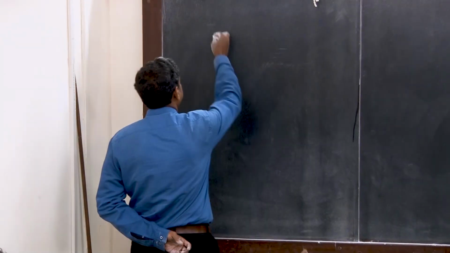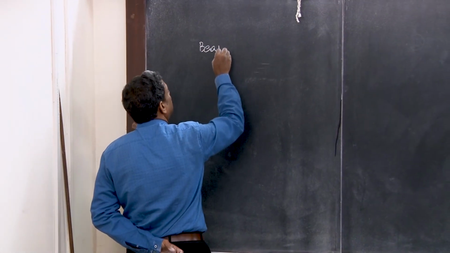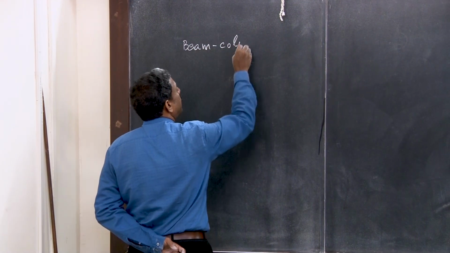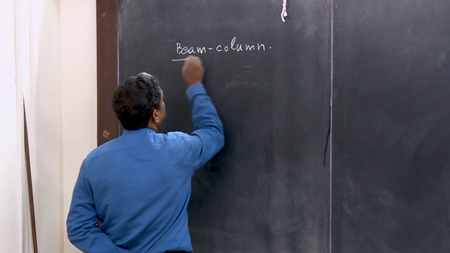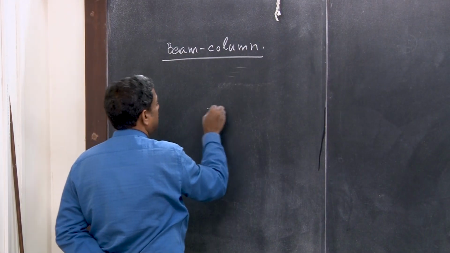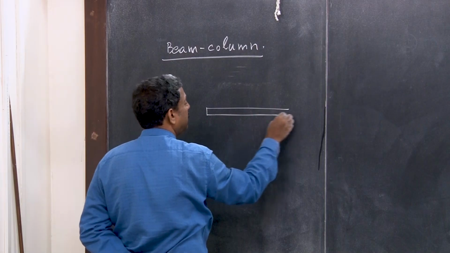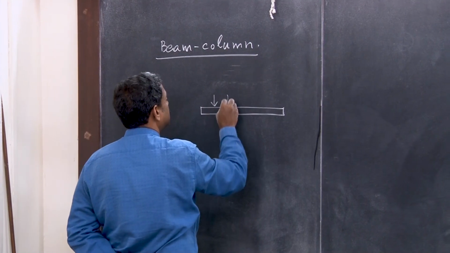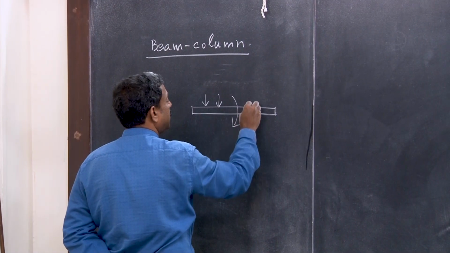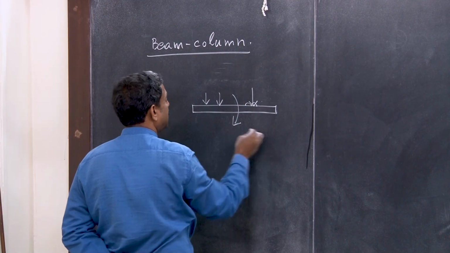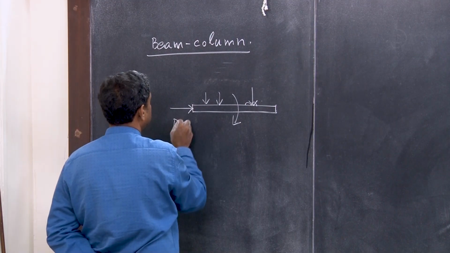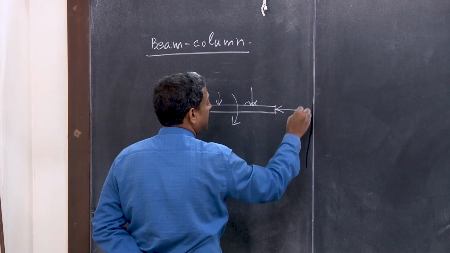Now, when we are studying beam column, what is a beam column? A beam which is subjected to transverse load, moment, concentrated load, and at the same time is subject to axial force P, is called a beam column.